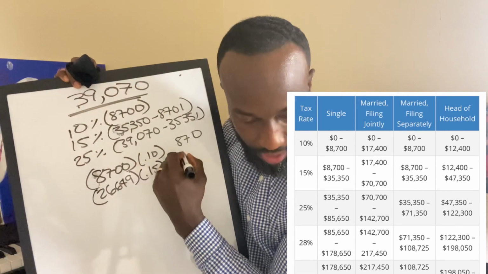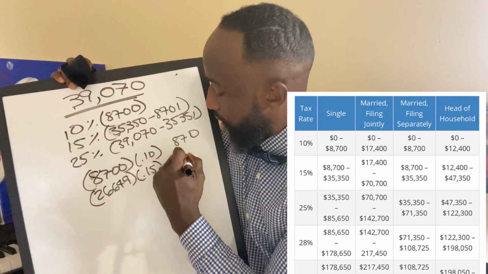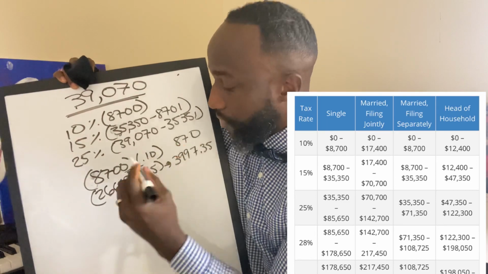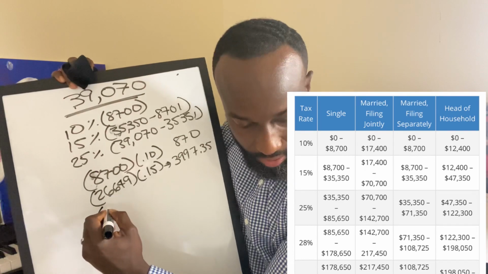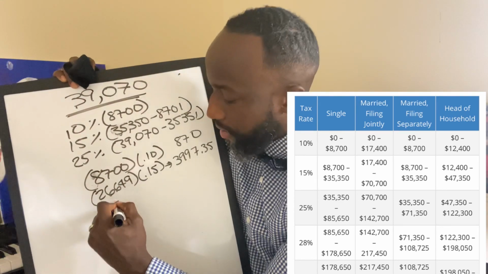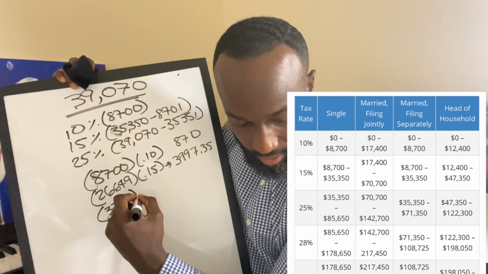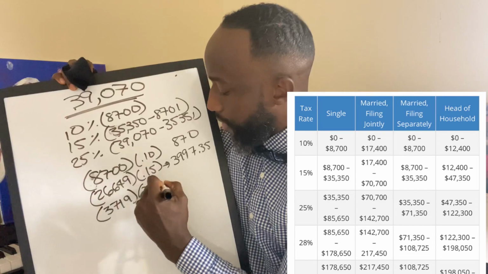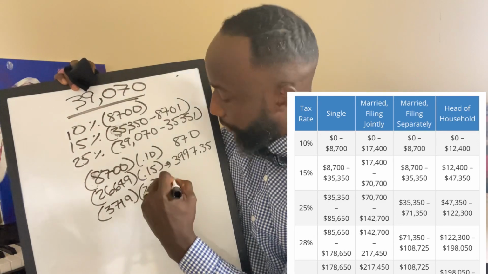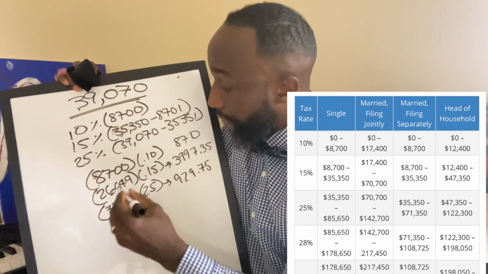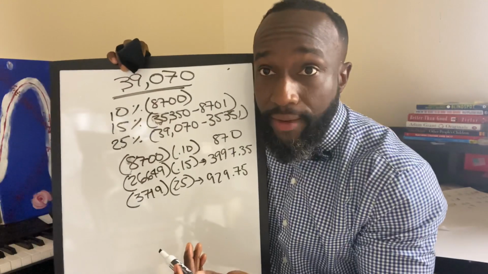That gives you 3,997.35, right? And then the final amount is going to be this difference, which was 3,719 times 0.25, right? Which gave us $929.75. So this was the math involved with that, right?